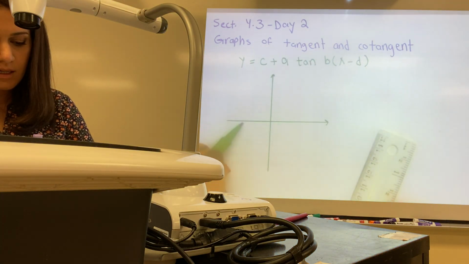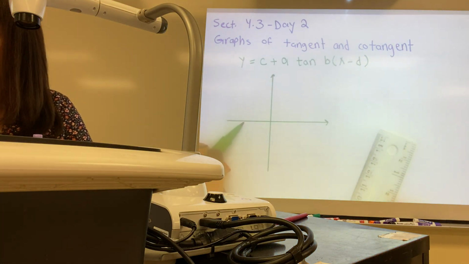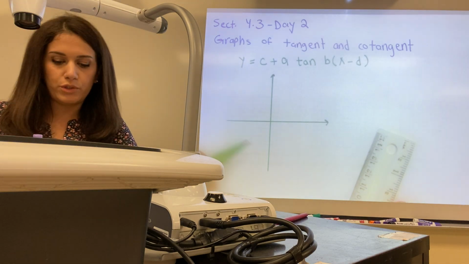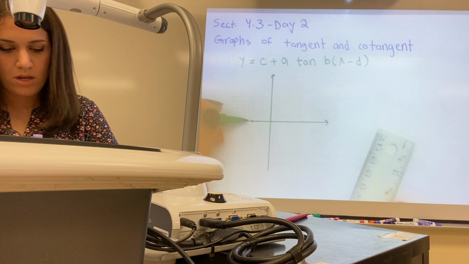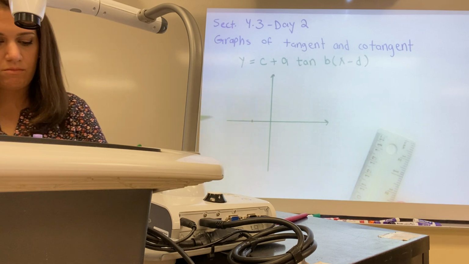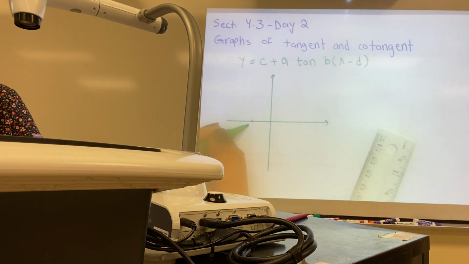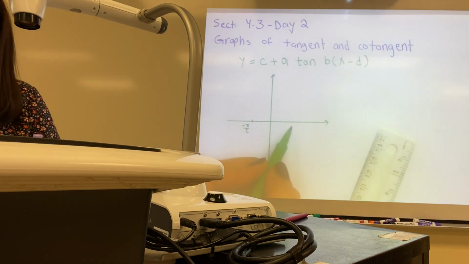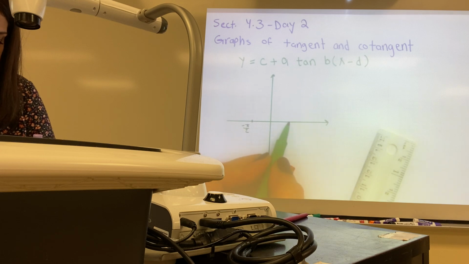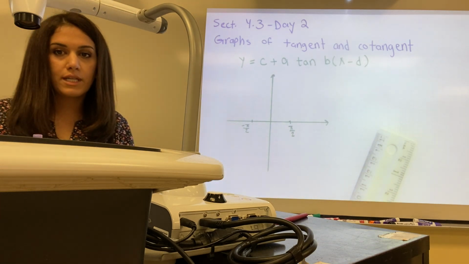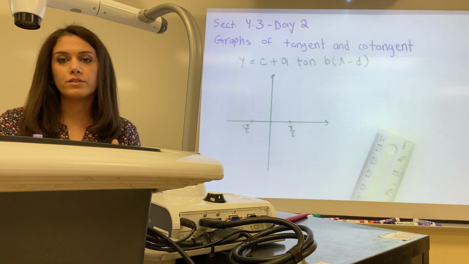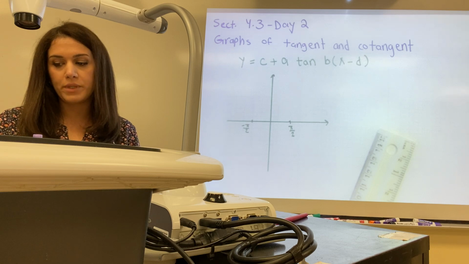Okay, so we said for tangent, we will start from negative pi over 2. So that's here. And it's a negative pi over 2, all the way to pi over 2. So this is one period for a tangent function, okay? After that, the tangent graph will repeat itself.